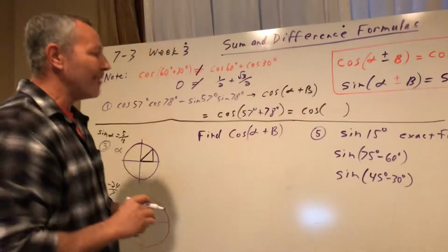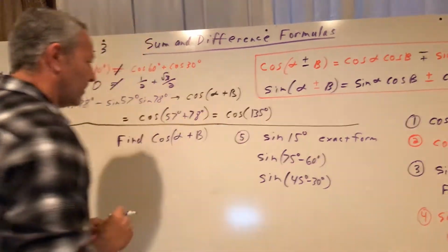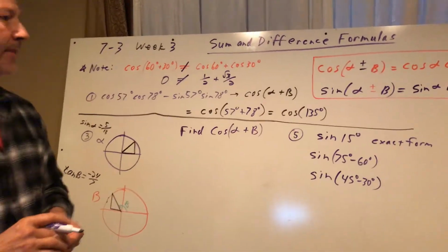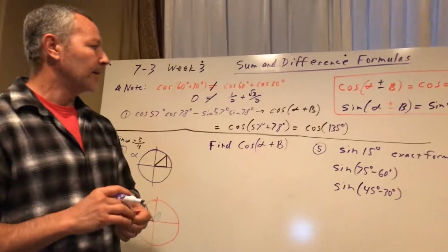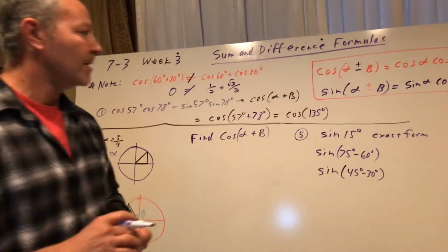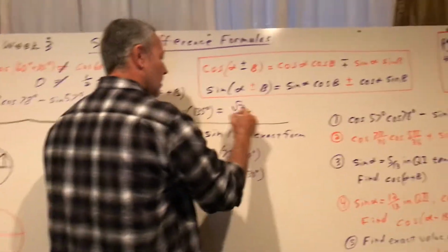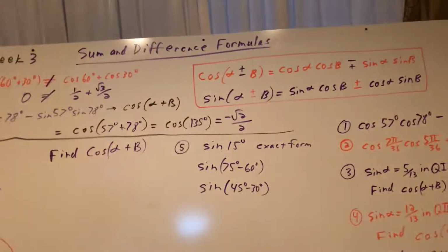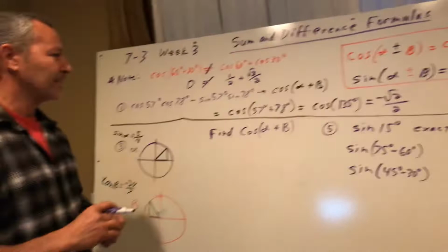All right, and now if I add those two together, that is 135 degrees, if I'm not mistaken. And that's in quadrant 2, so cosine is going to be negative because it's on the left side. And cosine of a 45-degree angle, which is one of those, 135, is root 2 over 2. So that's our finishing answer, negative root 2 over 2. All right? Okay, again, grab that unit circle if you're getting rusty on it.